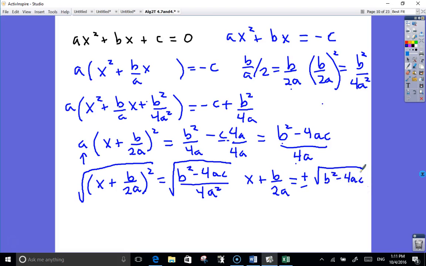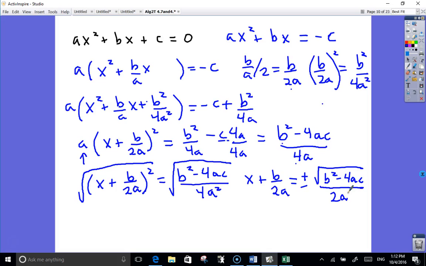And then notice that the denominator, 4a squared, you could take the square root. What's the square root of 4a squared? 2a. So now that takes that out of the radical. It's 2a. Okay, and now we're almost done. Now we still have to solve for x on the left. Subtract b over 2a.